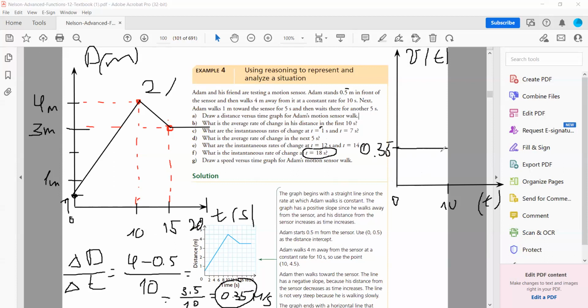And after that, Adam walks backwards at a lower speed, only for 5 more seconds. But he walks at a constant speed again. So basically, in real life, he would have to slow down a little bit at some rate.